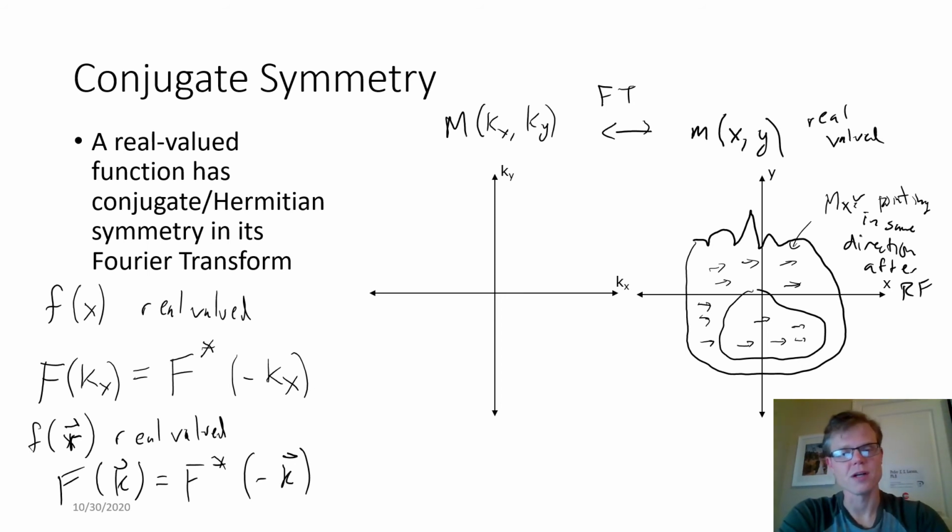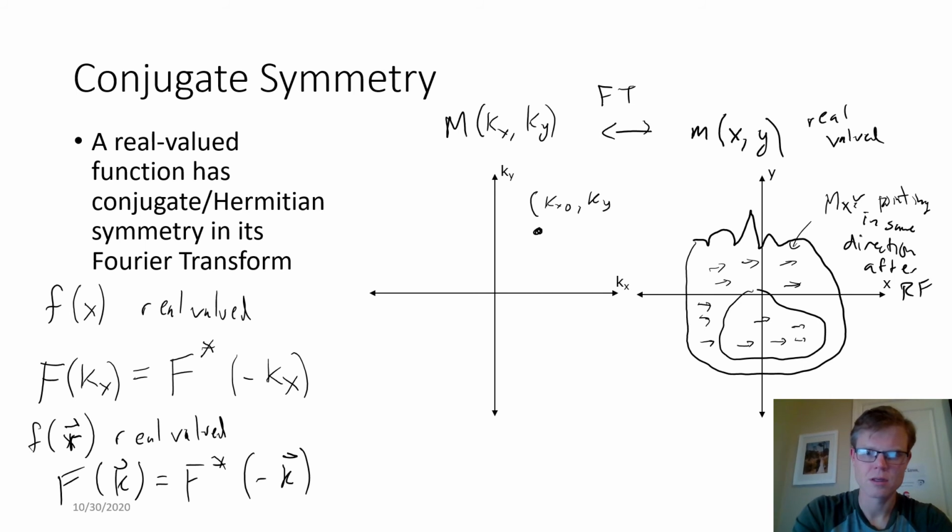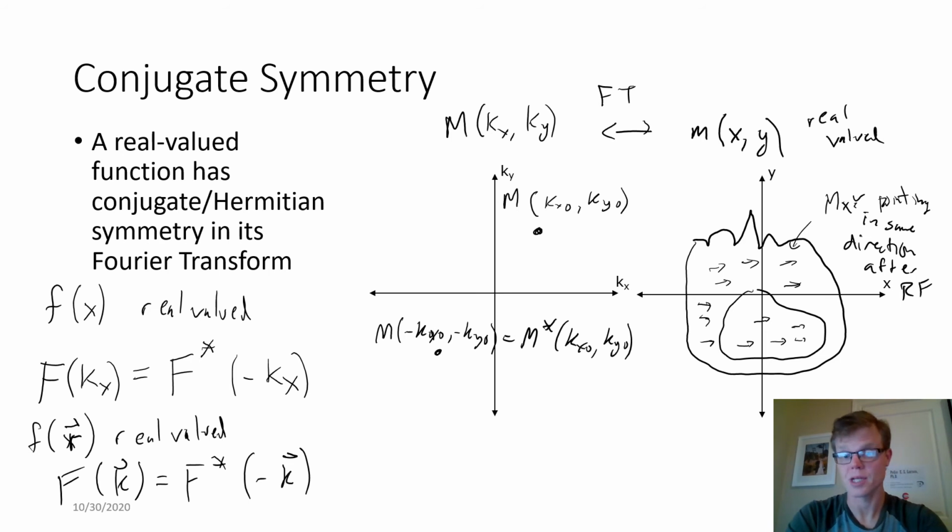What this property of conjugate symmetry says is, if I measure this point here, so some location kx0, ky0, and I have the value of m at this location, then the value of m at minus that location I can figure out simply by taking the complex conjugate of this other data point.